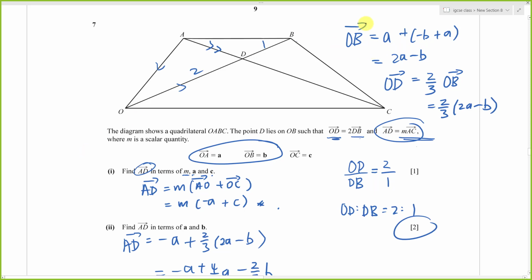OB will become A and then plus AB. AB will become negative. Yeah, this is what? OB, right? OA plus AB. AB will be... here I got wrong, no wonder.